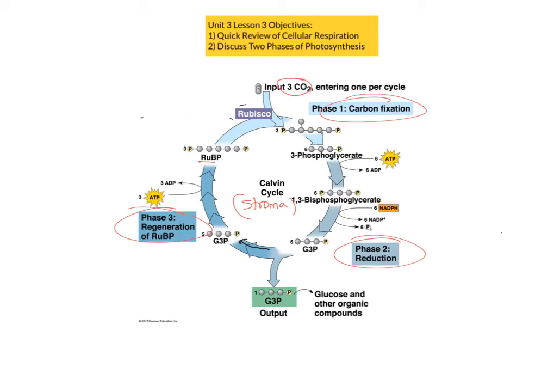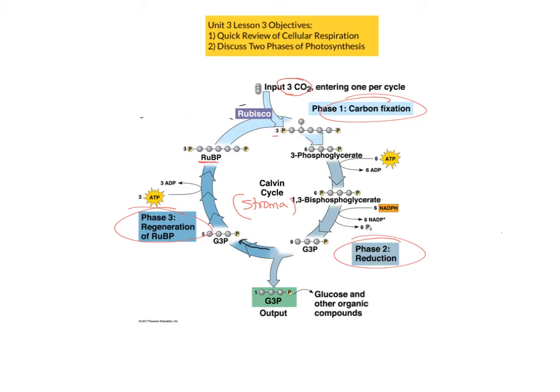Now, what this creates are these very unstable molecules that have 6 carbons. And you can see, RuBP has 5 carbons, and we're adding 3 carbon dioxide, so a total of 3 carbons, giving us 3 of these 6 carbon molecules.